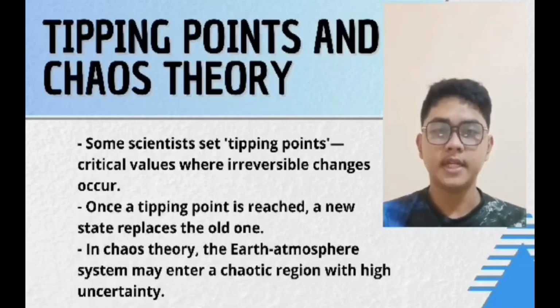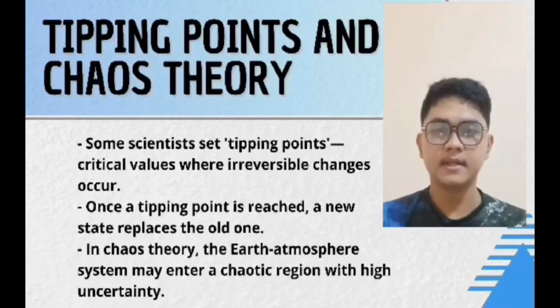In chaos theory, the Earth's atmosphere system may enter a chaotic region with high uncertainty. Chaos theory suggests that in complex systems like Earth's climate, small changes can lead to unpredictable, large-scale effects.